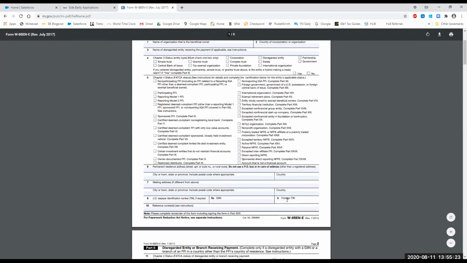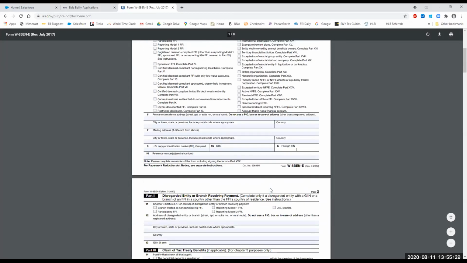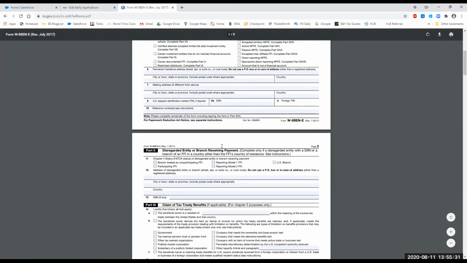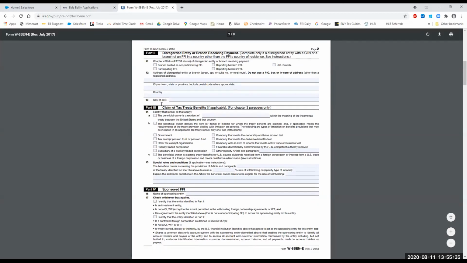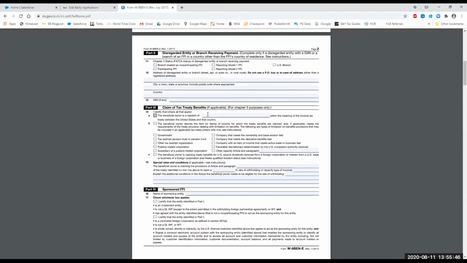But in any case, you would want to get the foreign tax identification number on here. Most of the time the next part isn't applicable. If there's a treaty benefit being claimed, then that's where this information goes. So they would check this and put in whatever country they're resident in.